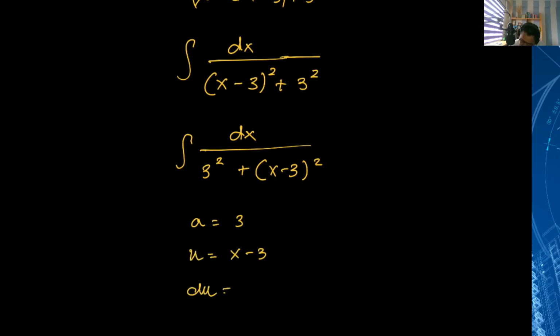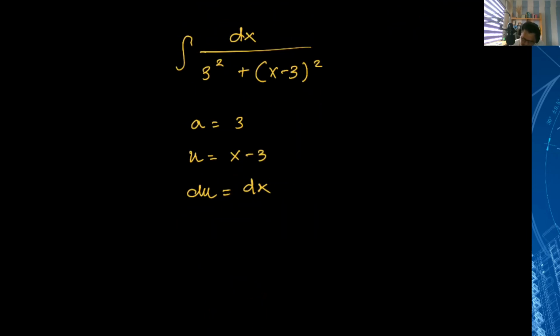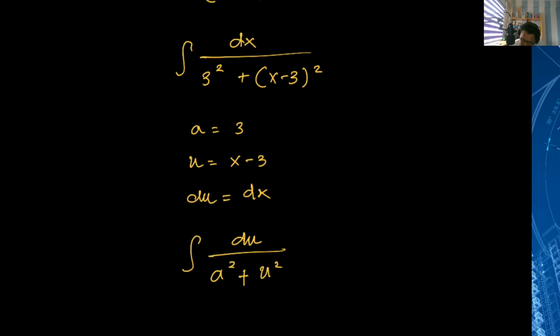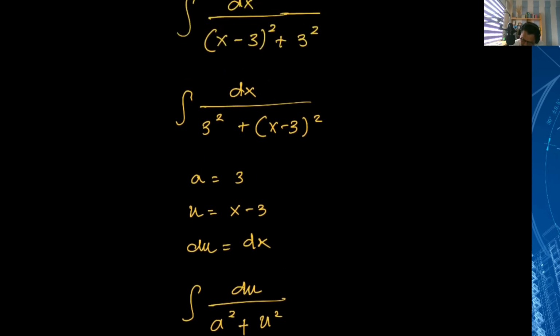Therefore, du is equal to dx. So we must substitute u and du into the original equation. So dx would be equal to du, and 3 squared equals a squared, plus x minus 3 squared equals u squared. So this is now in the form of our formula.